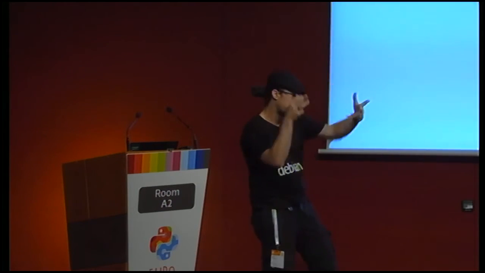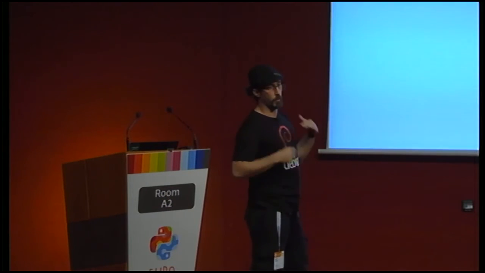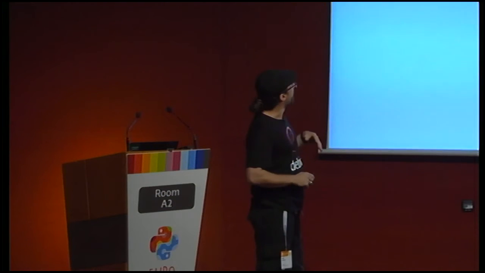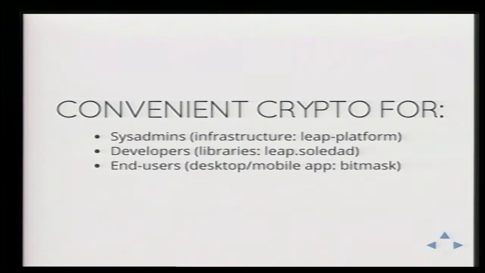So this is what the Leap project and its many branches and heads try to do. To attack the hard problems and the interesting problems at many levels, making things so simple that you cannot screw it up. I'm not going to talk about the sysadmin part, because that is mostly written in Ruby. No, just because.